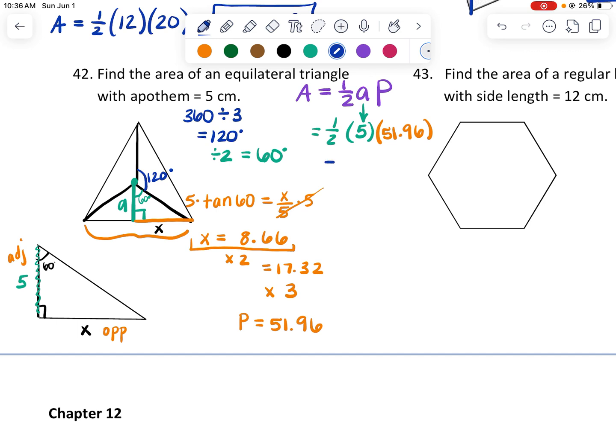And so now I have everything I need for my equation, and I can plug in 1/2 of 5 times 51.96. So 0.5 times 5 times 51.96. And I get 129.9 centimeters squared.